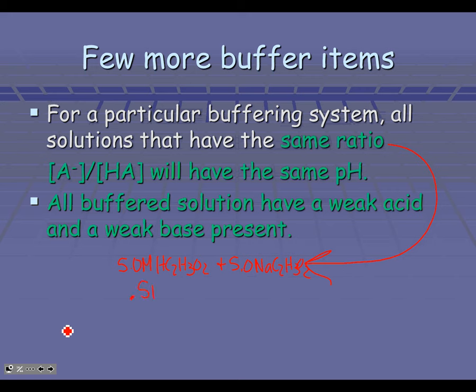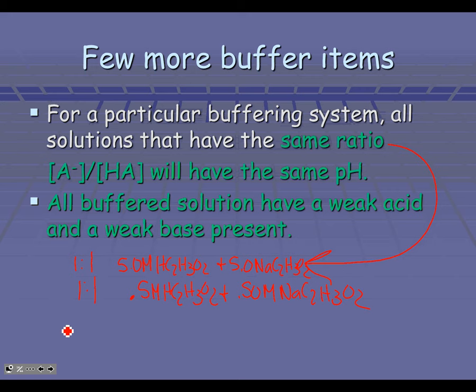Well, if we had 0.5 molar acetic acid and 0.5 molar sodium acetate, the ratio is still the same. Both of these have a 1 to 1 ratio. If their ratios are the same, they'll have the same pH.